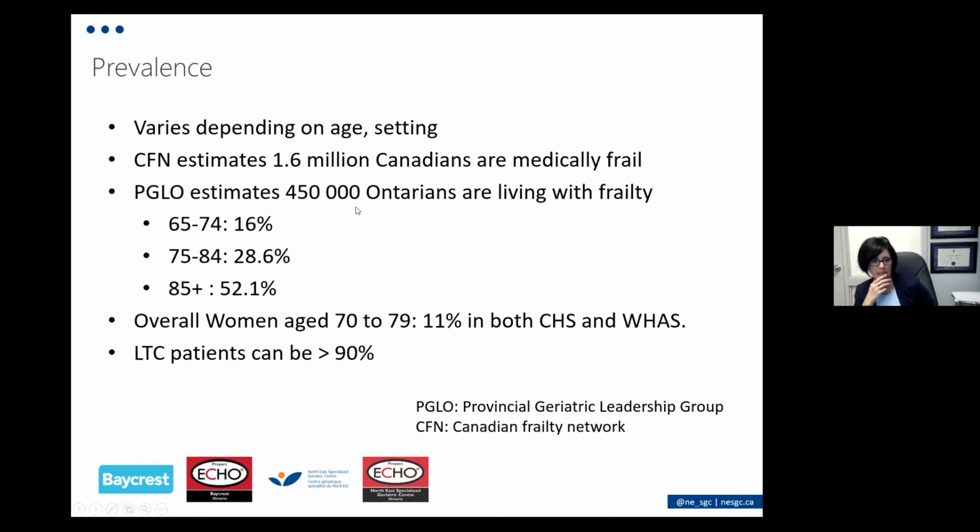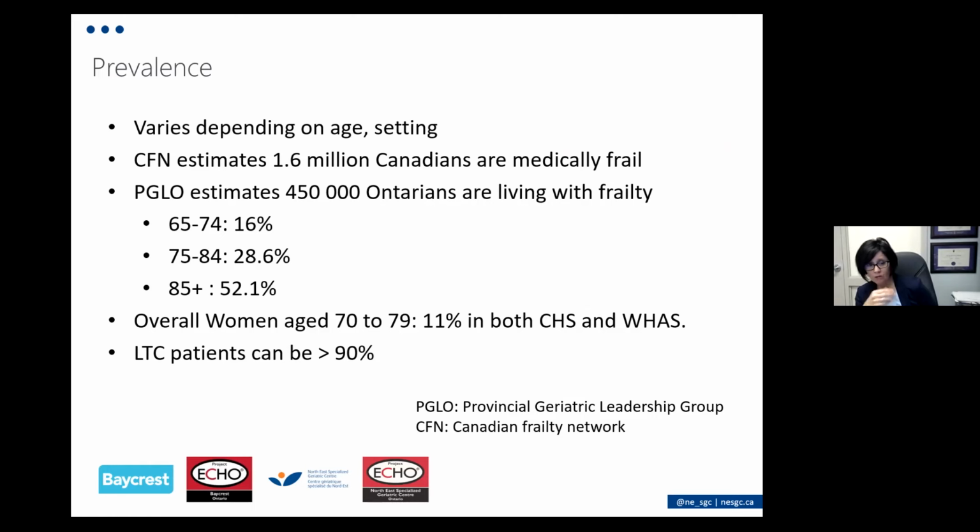And so this is just a bit about prevalence. I just updated this slide because I thought, well, we should probably get some Canadian and Ontario data. So this is actually the Canadian Frailty Network estimates that probably 1.6 million Canadians are medically frail. And the Provincial Geriatrics Leadership Office has recently done an analysis that suggests about currently 450,000 Ontarians are living with frailty.